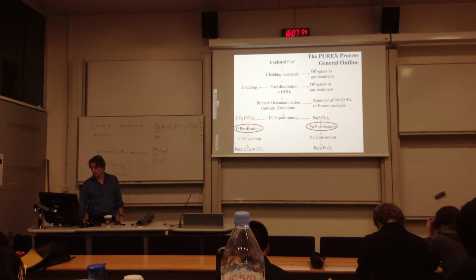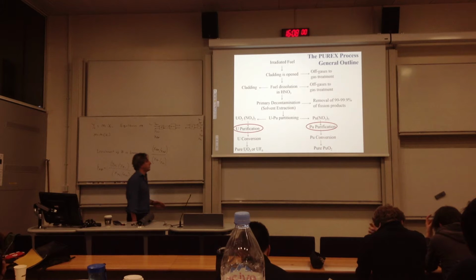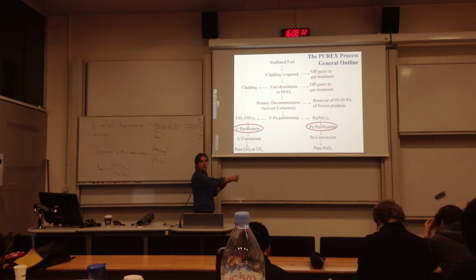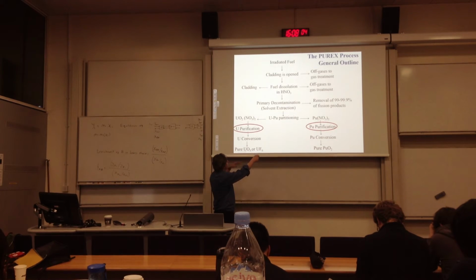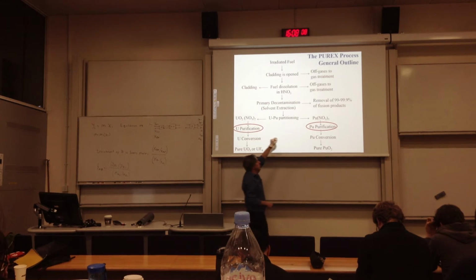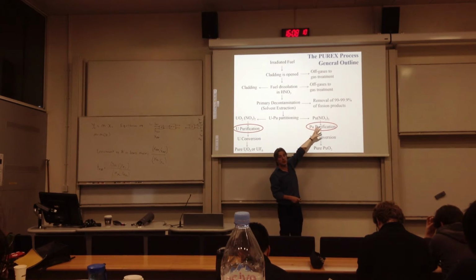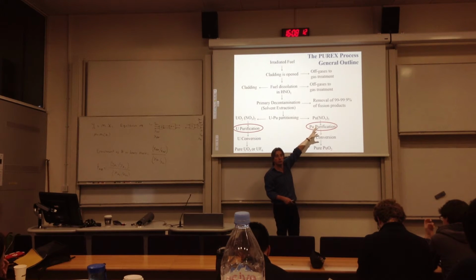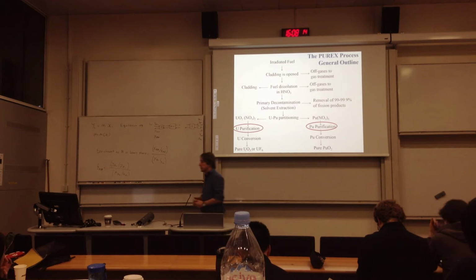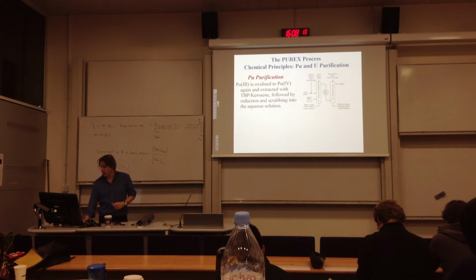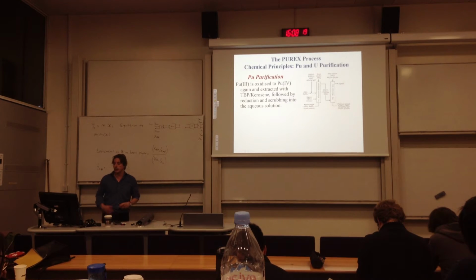After that initial partitioning, there are further stages that have to do with purification. You have that first separation, but there will be some plutonium that stays in the uranium stream and some uranium that stays in the plutonium stream, small amounts, but you want to recover and improve the purity of each of the streams. So this goes through several cycles, and you can do the same thing again.